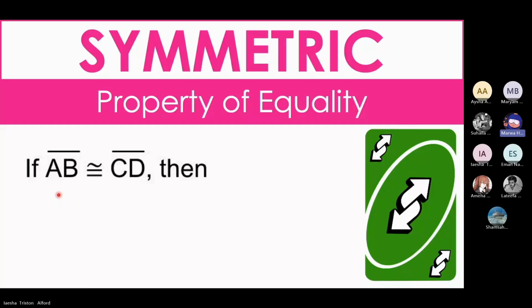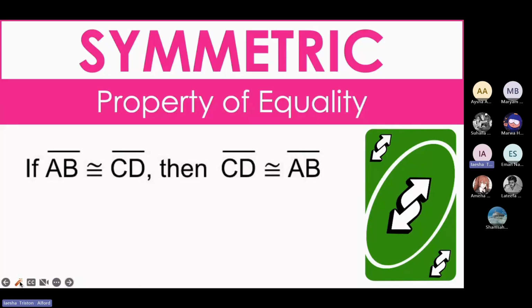Side CD congruent to AB. You're just going to change the place of the values. If this is in the first place and this is in the second place, to make it symmetric, they should change. CD is now in the first place and AB is in the second place.